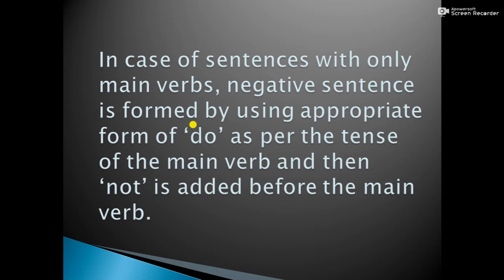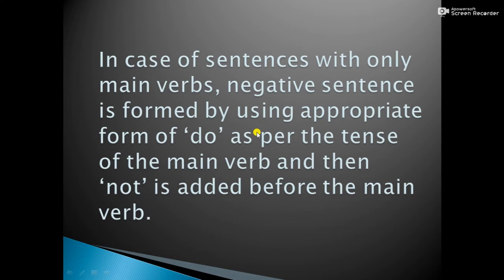Because he is third person singular, the simple present tense verb form takes s, that is likes. Therefore, while we turn this sentence into a negative one, we will say he does not like ice cream.